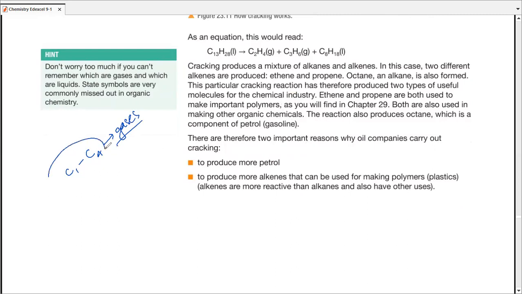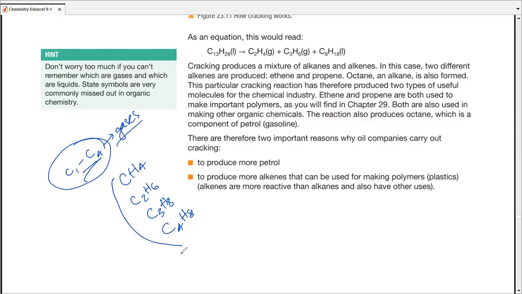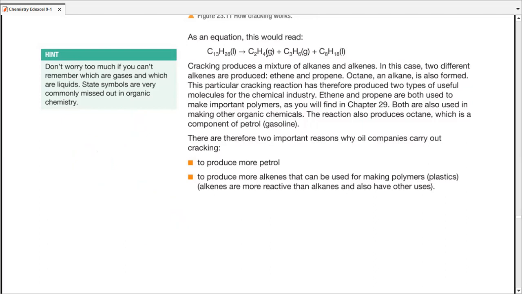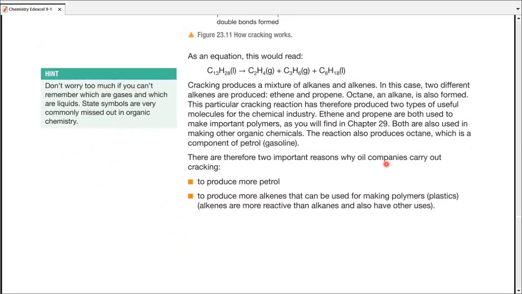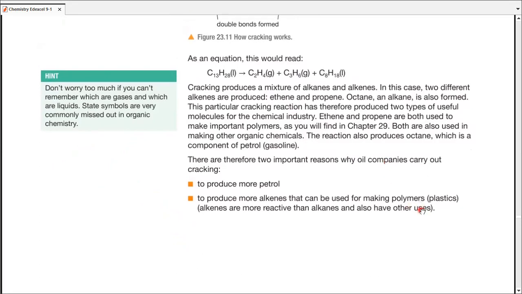No, just the easiest ones to remember. You would know that methane is a gas, ethane is a gas, propane is a gas, and butane is a gas. This is what C1 to C4 means. These are gases. At least just remember these, if not the rest of the hydrocarbons.